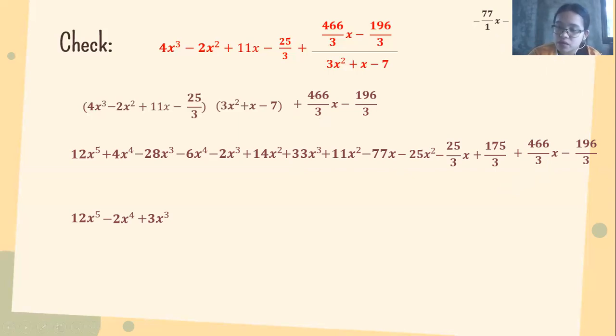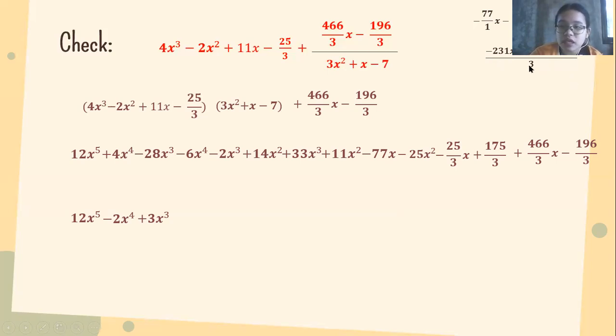We will find their LCD, which is 3. 3 divided by 1 is equal to 3 times negative 77 is equal to negative 231x. 3 divided by 3 is equal to 1 times negative 25 is equal to negative 25x. 3 divided by 3 is equal to 1 times the numerator 466 is equal to 466x.